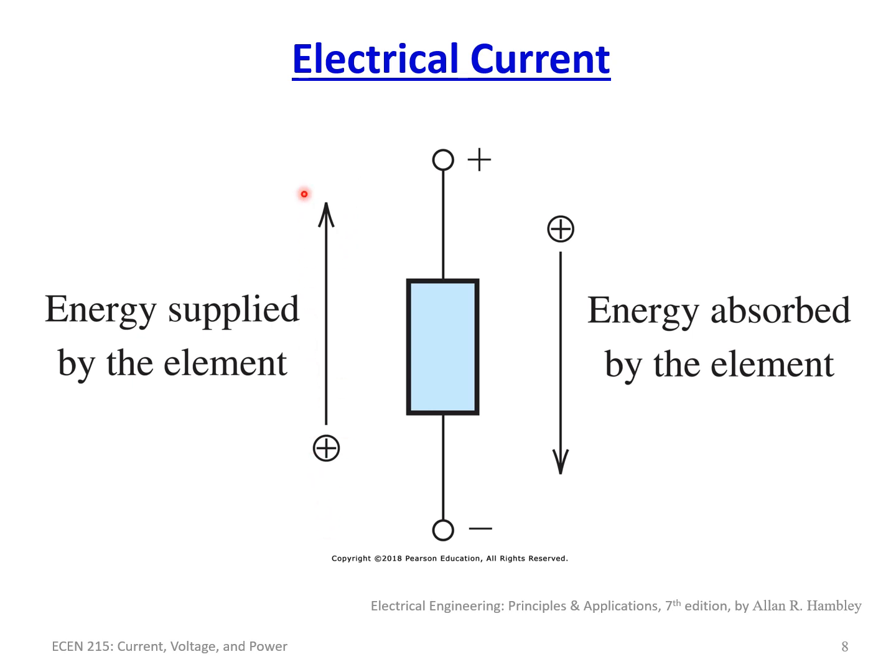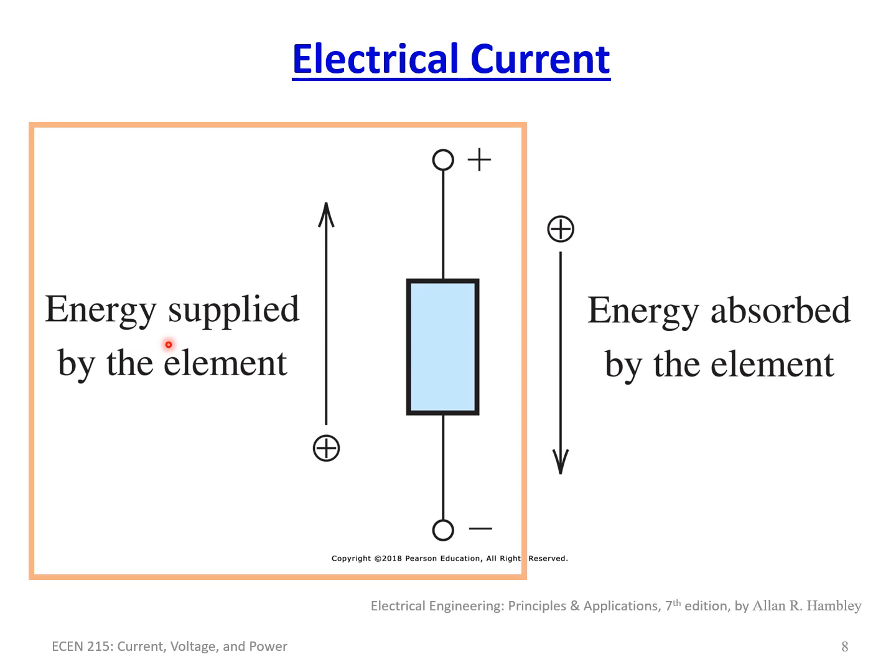So the current is going this direction, and the voltage, we'll be covering voltage again in just a few minutes, but the voltage across the element is from positive to negative. So if the current is flowing from the negative terminal to the positive terminal, basically the positive charge is coming out this way, then this is energy being supplied by the element.